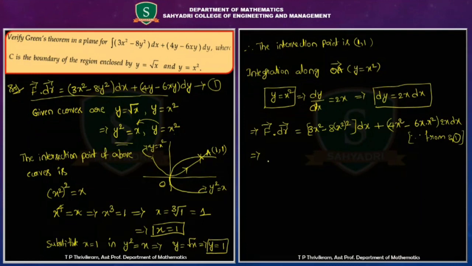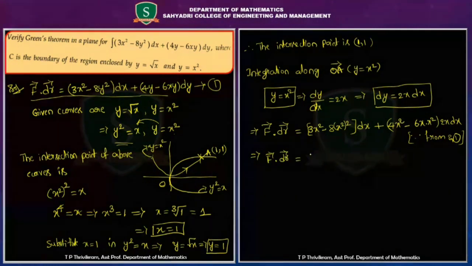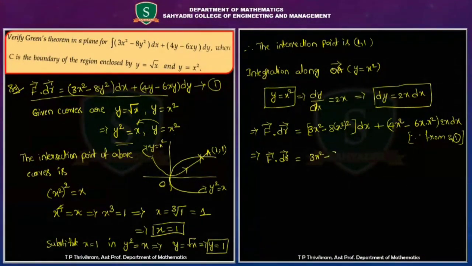So F dot dr is equal to 3x square minus 8x power 4, plus 4x square into 2x, which gives 8x cube, minus x cube into x power 4, so 12x power 4.